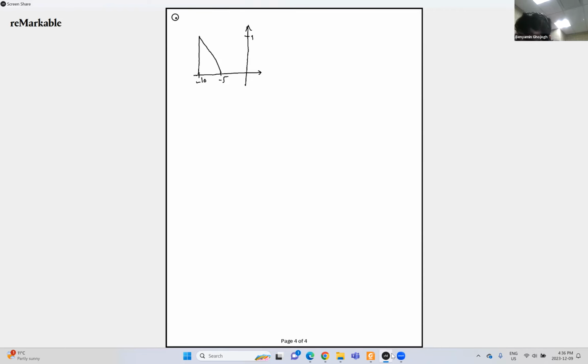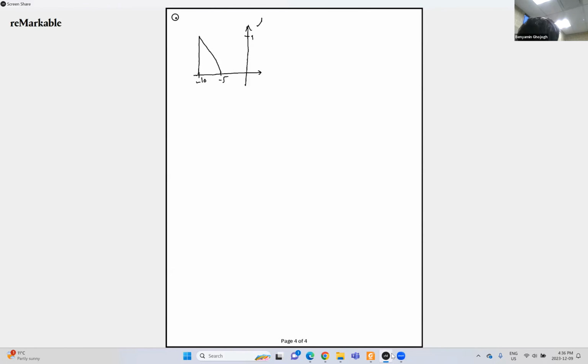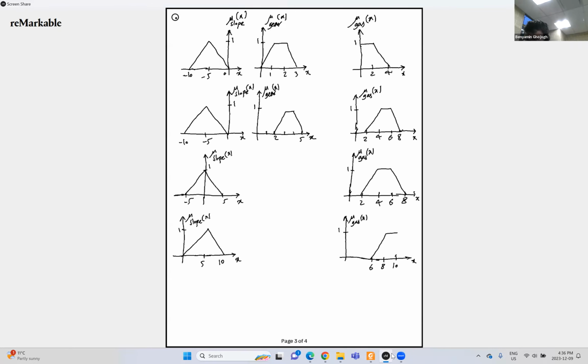It can be a fuzzified input signal for slope, right? So mu slope prime of x. And of course, the domain of the slope prime should be the same as the domain of slope, so between minus 10 and 10. And the domain of gear prime should be the same as the domain of gear, which is between 0 and 5.